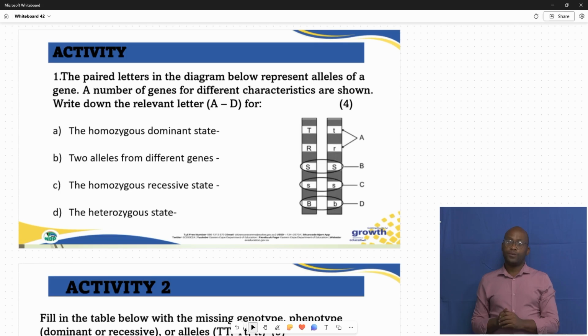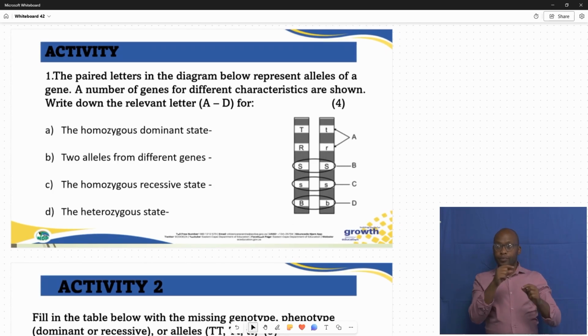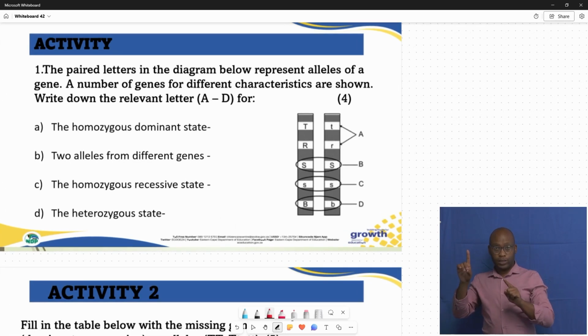Our activity is saying the paired alleles in the diagram below represent a gene. A number of genes for different characteristics are shown. Write down the relevant letter A to D. For A, the homozygous state. Remember, we said that homo means same.